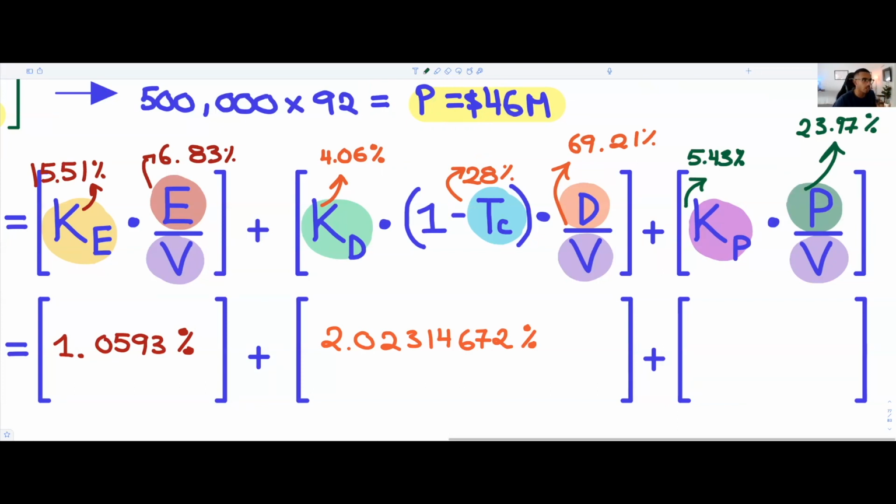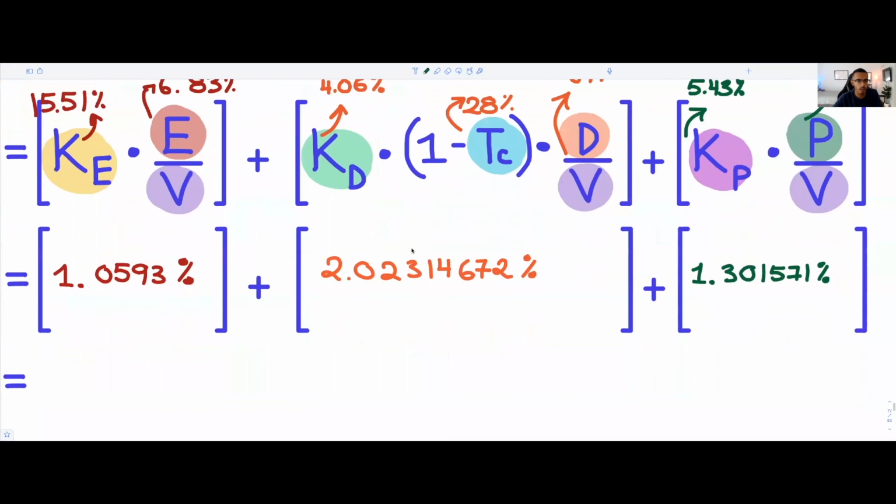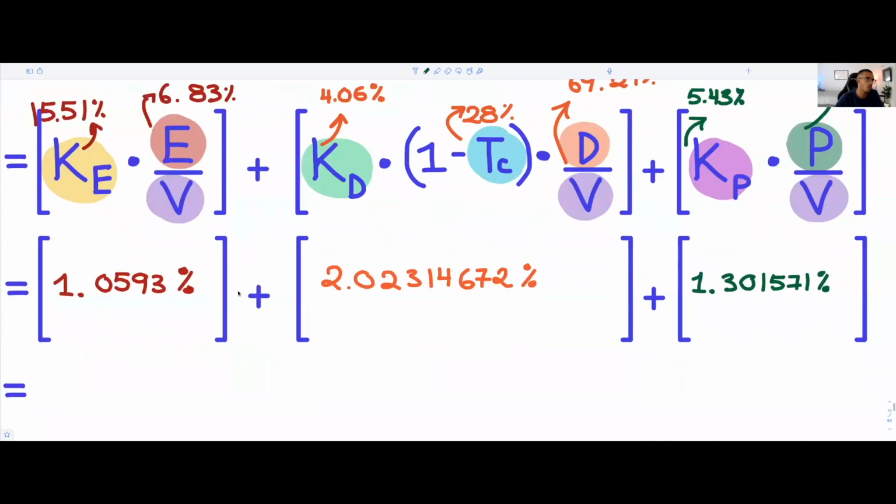You get to see how I solve this without just plugging this in within my calculator there. And for the prorated version for your preferred shares, you're going to have 1.301571%. So if we add all of these together, we're going to get WACC.